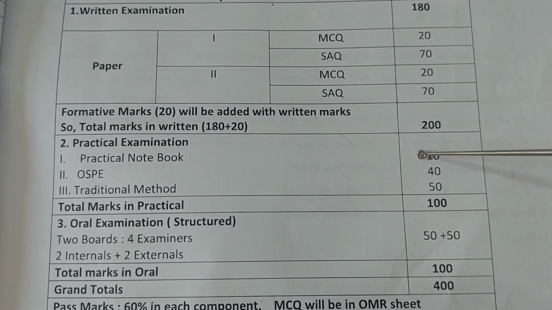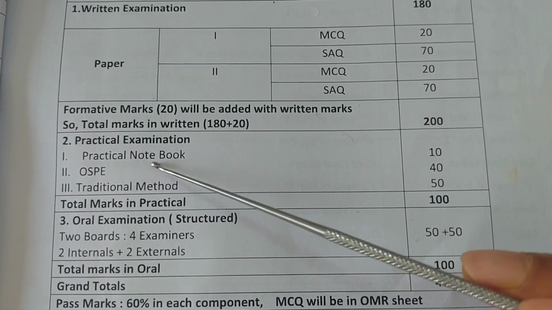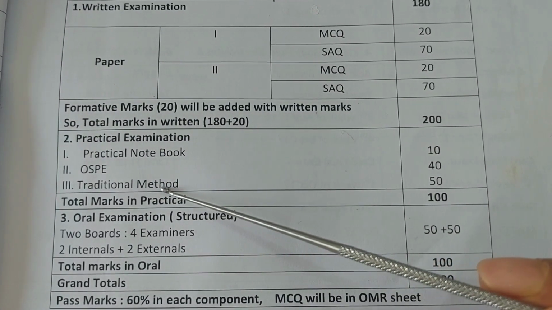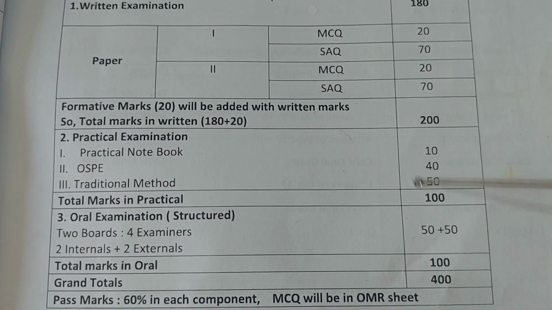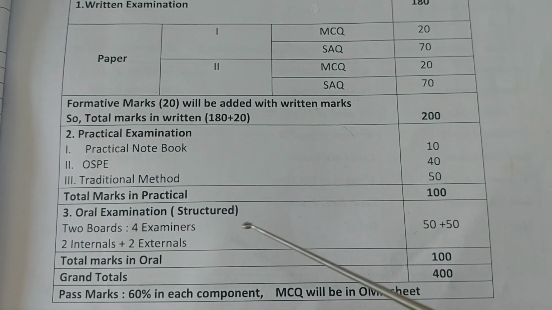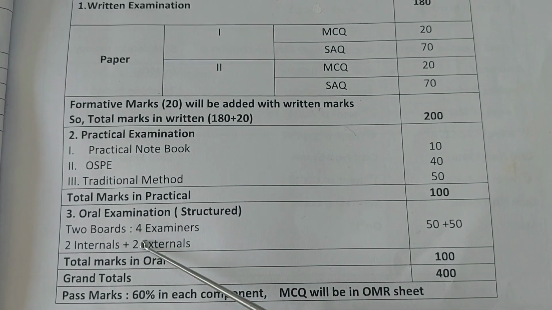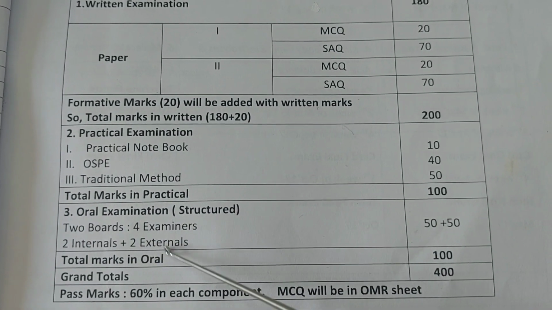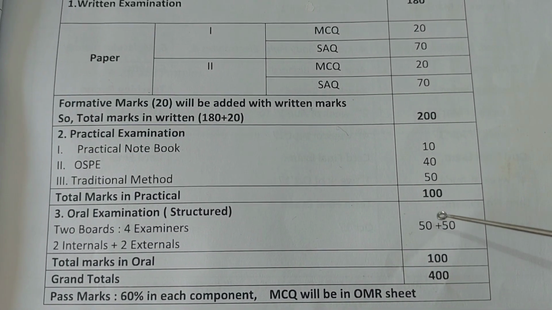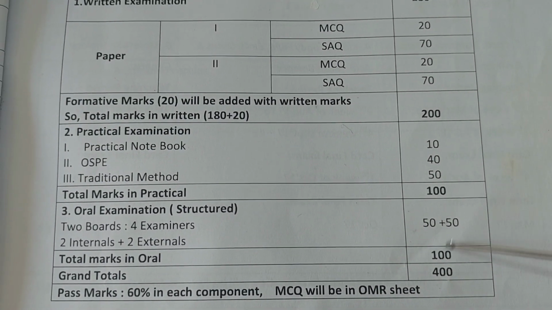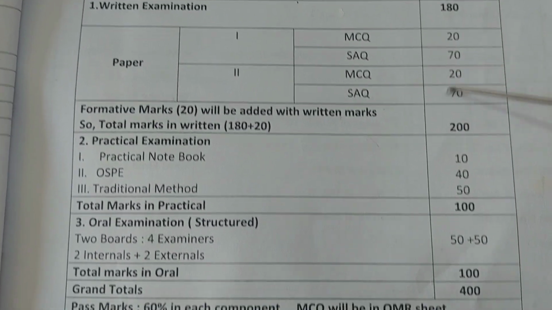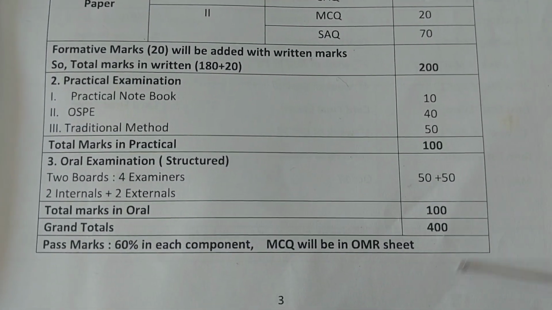In the practical examination, you will have 100 marks: practical notebook 10, OSPE 40, and the traditional method 50. And the oral examination, in two boards with 4 examiners, 2 internal and 2 external, is 50 and 50 for the two boards. These are the 100. The total marks of biochemistry will be 400.